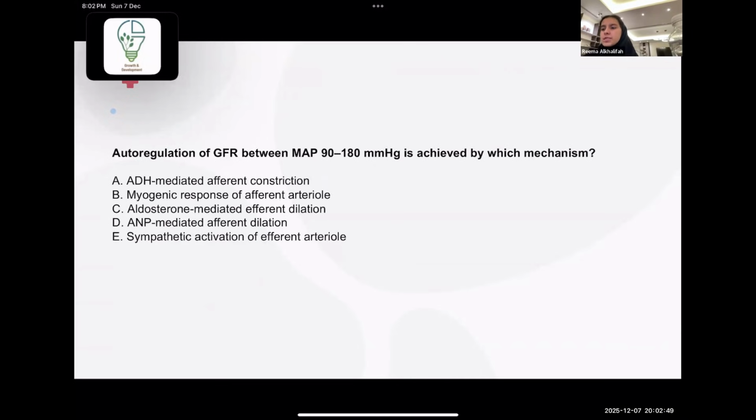Now we're done with all the concepts of this lecture. We're going to solve the final 2 questions, I believe. So autoregulation of GFR between mean arterial pressure of 90 to 180 is achieved by which mechanism? I'm waiting for your answers in the chats.